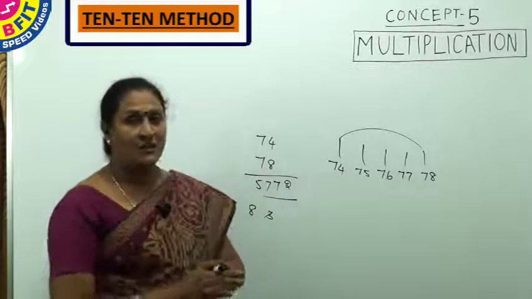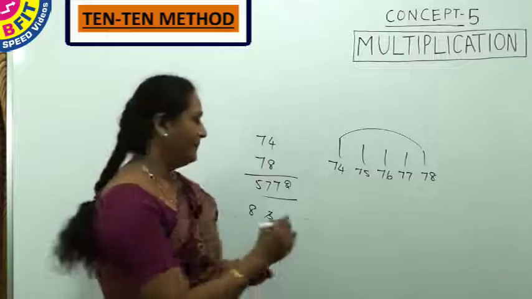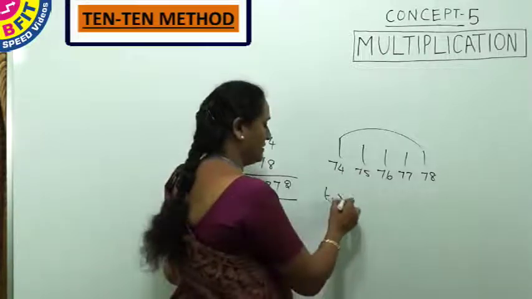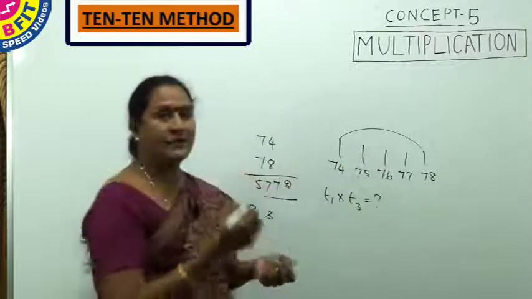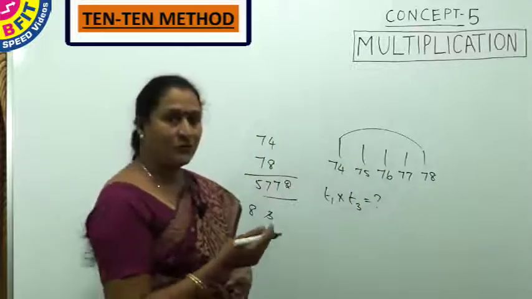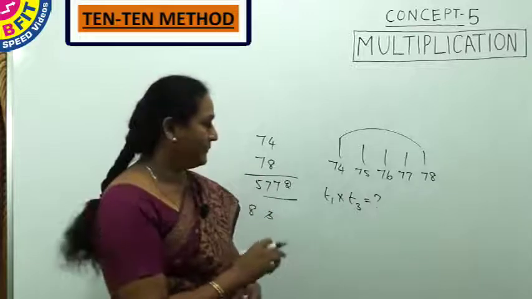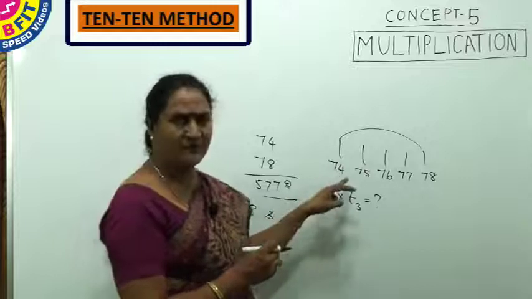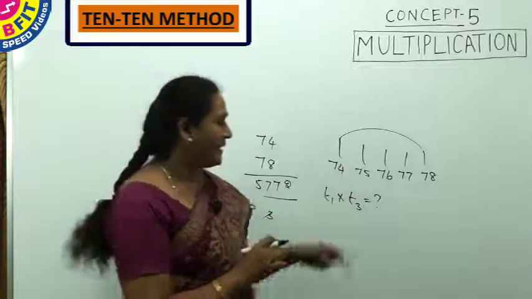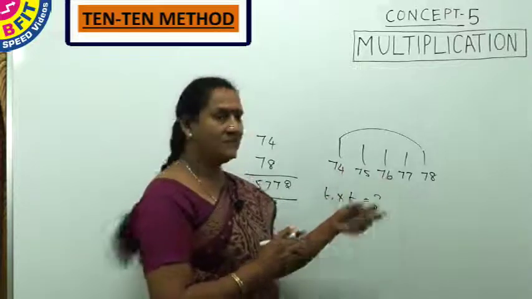Now if they ask what is the product of the first and third term, that is, T1 is the first term, T3 is the third term, knowing that the average is the middle term, we have placed the average in the middle. So the first number is 74 and the middle number, that's the third number, is 76.